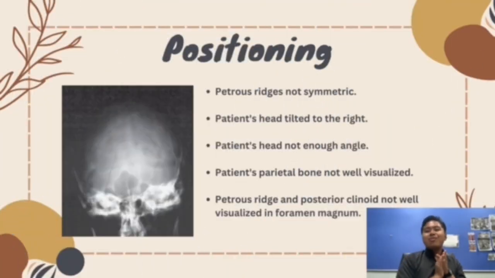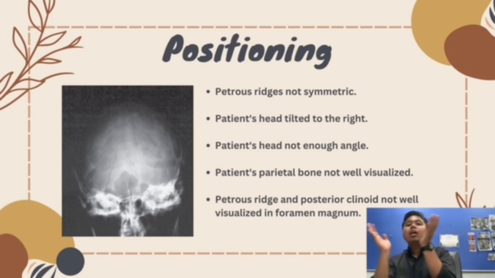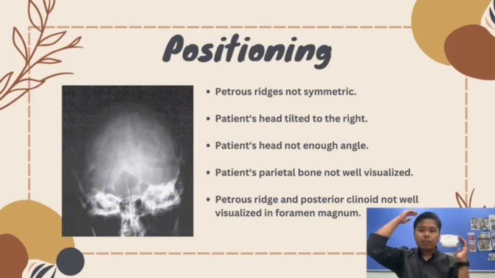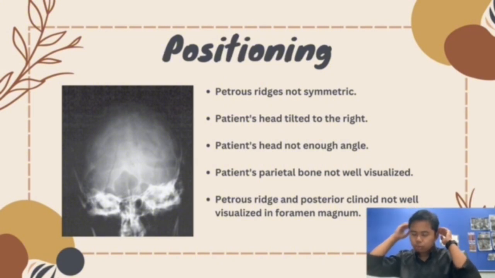Now we will move to the positioning of the abnormal radiograph. As you can see, based on the picture, the petrous ridge is not symmetric, the patient's head tilts to the right, and the patient's head is not angled enough, which means the head of the patient is not angled well.